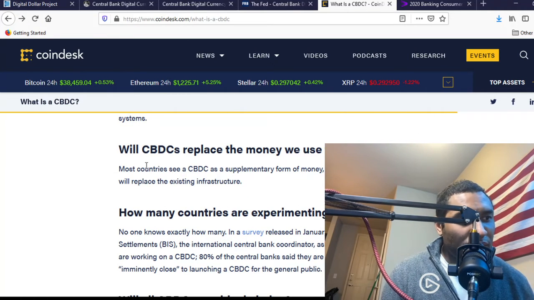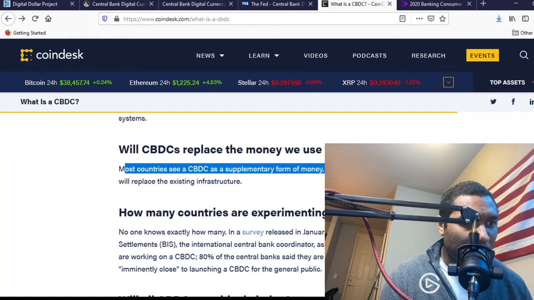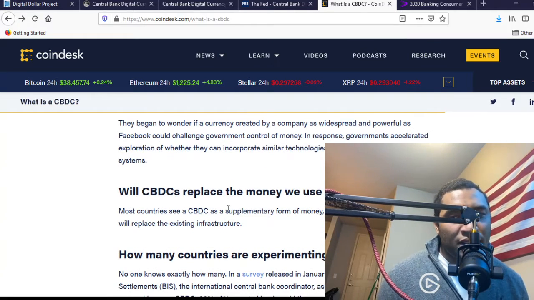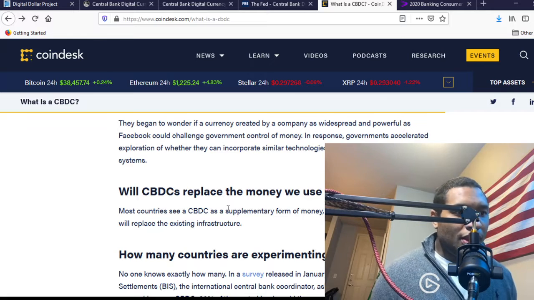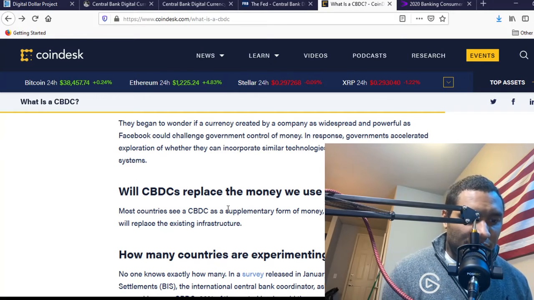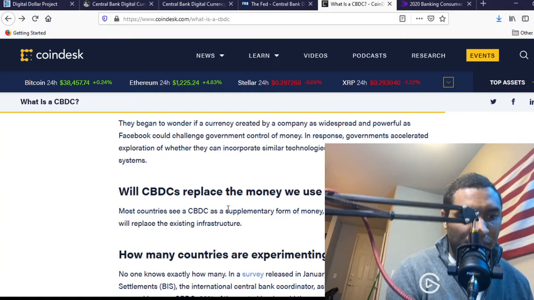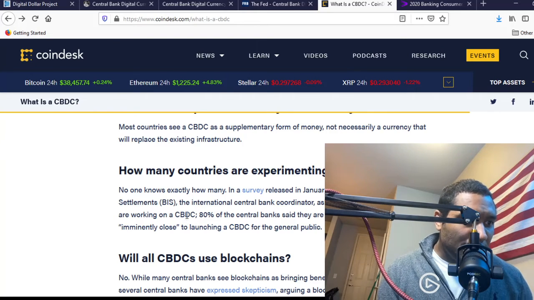Will CBDCs replace the money we use today? Most countries see a CBDC as a supplementary form of money, not necessarily a currency that will replace the existing infrastructure. So it'll be supplementary. It won't be fully CBDC. You'll still have banknotes. You'll still have your regular money, and then you'll have CBDCs. How many countries are experimenting with CBDCs?